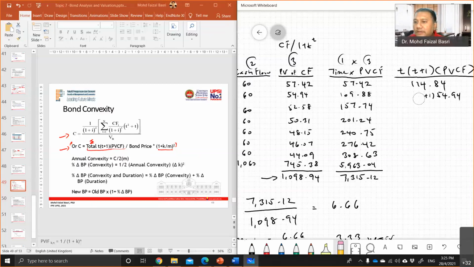So it will be 329.64. And again, I need your assistance to help me go through the remaining 6, and find me the subtotal as well.